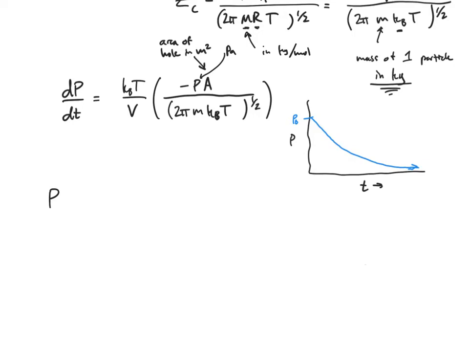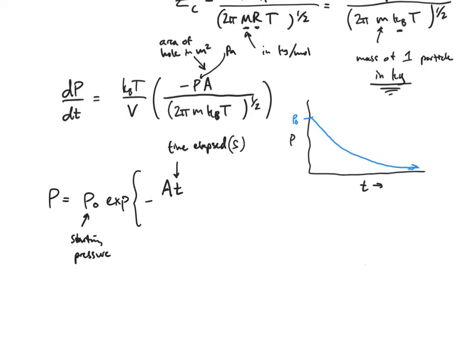And so what that pressure will equal is P0, which is the starting pressure, so the pressure at time 0, times e raised to the power of negative A t over V, where t is the time elapsed since the hole was punctured, times (kBT over 2 pi m) to the 1/2 power.